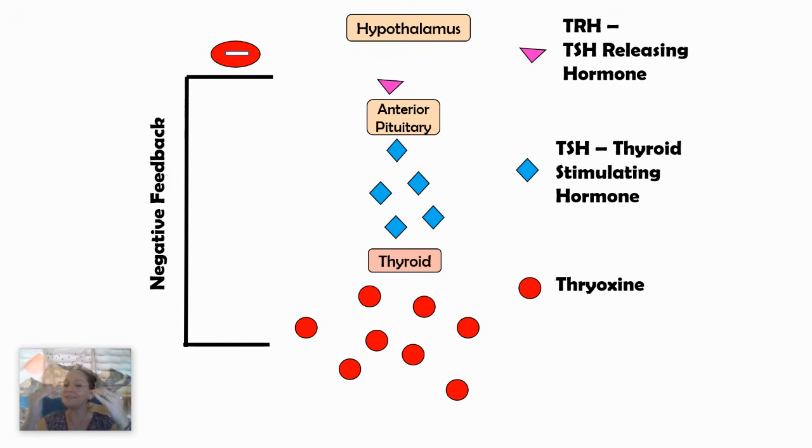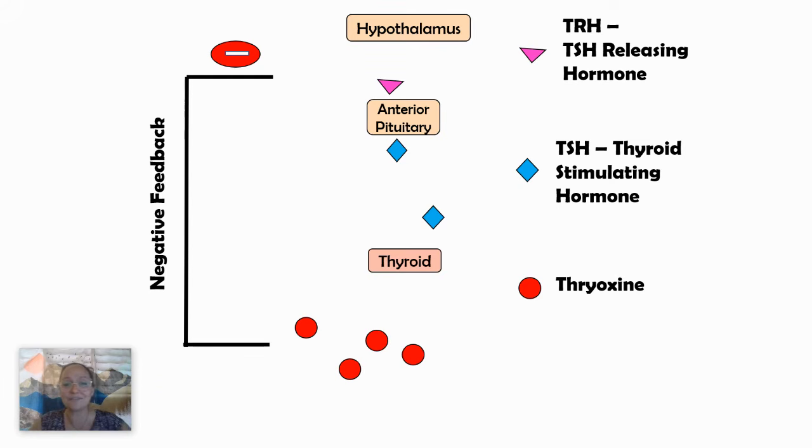It'll produce less TRH. And if the hypothalamus produces less TRH, then the anterior pituitary will respond by producing less TSH, thyroid stimulating hormone. And if there's less TSH targeting the thyroid, then there'll be less thyroxine being produced and our metabolism will slow down.